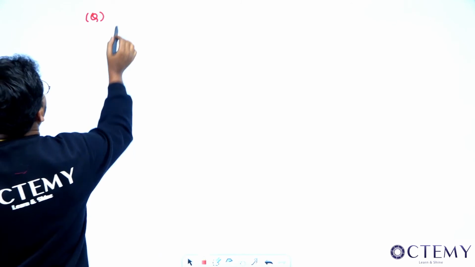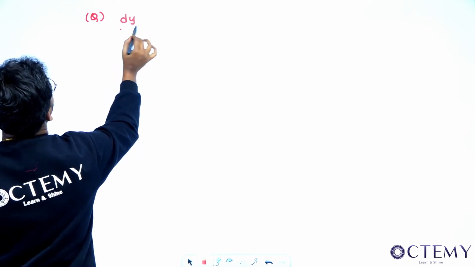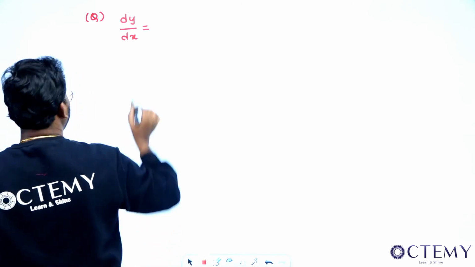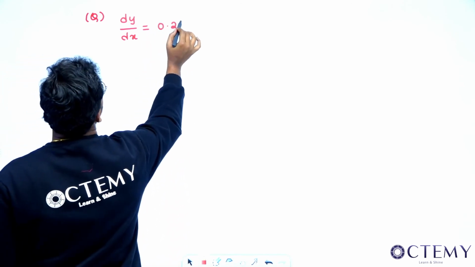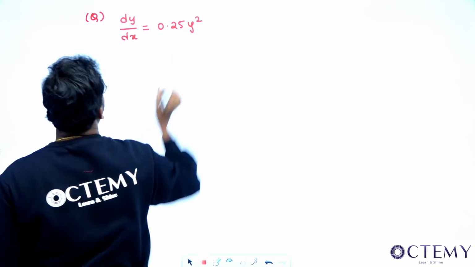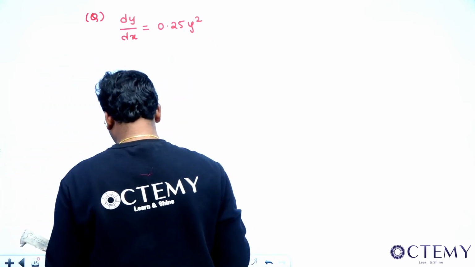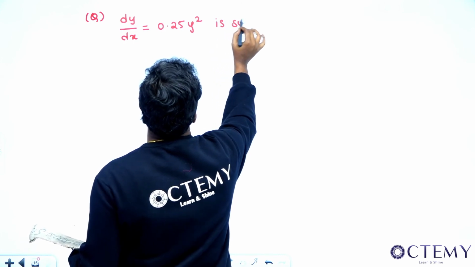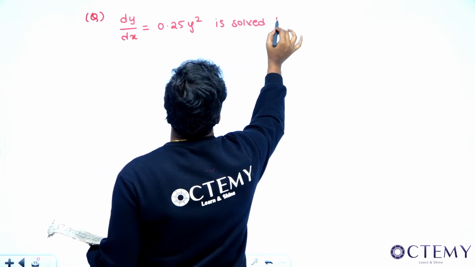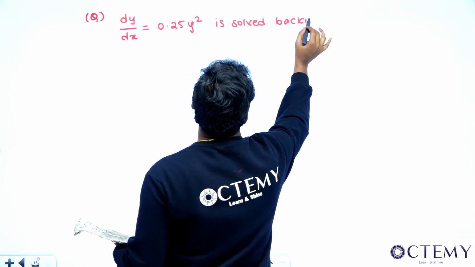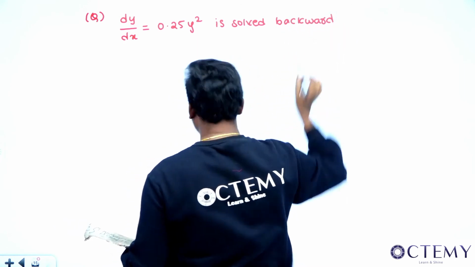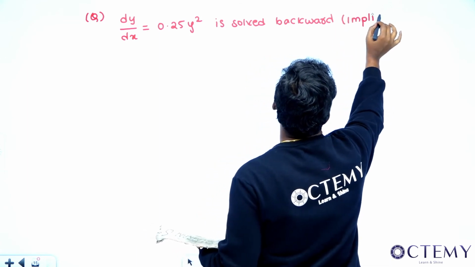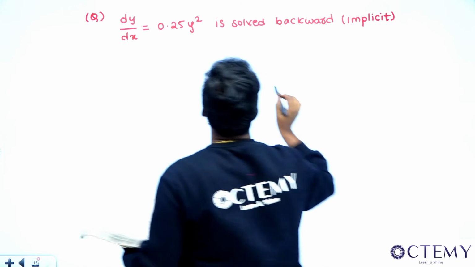He's telling that the differential equation dy by dx is equal to 0.25 into y square is to be solved using backward Euler's method. He told that it is backward Euler method. You're telling backward or implicit Euler method?